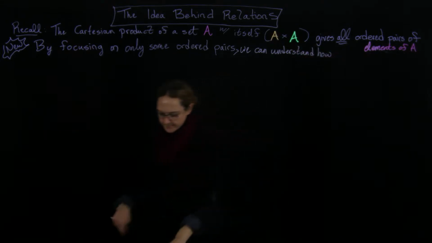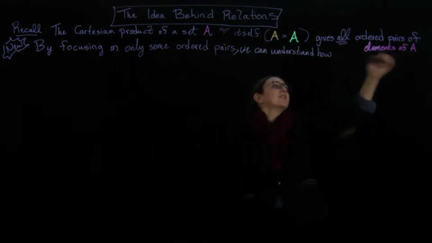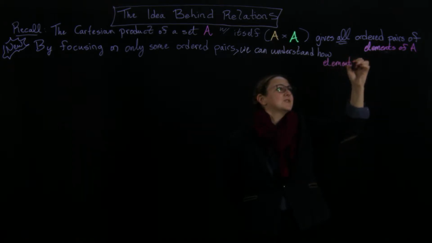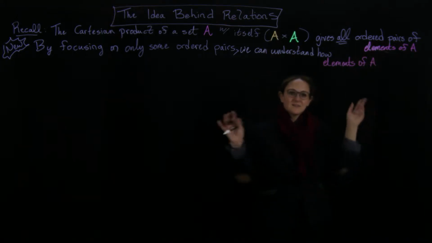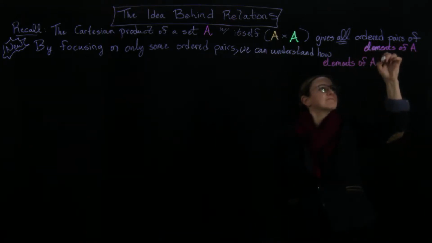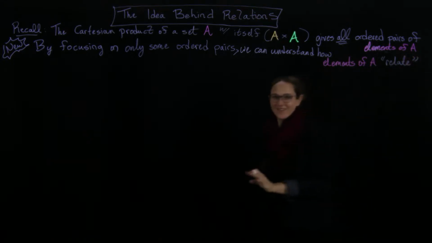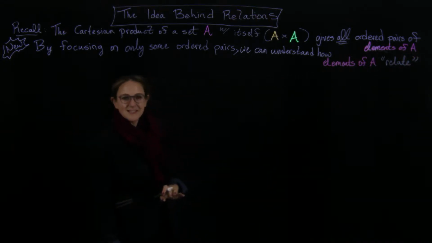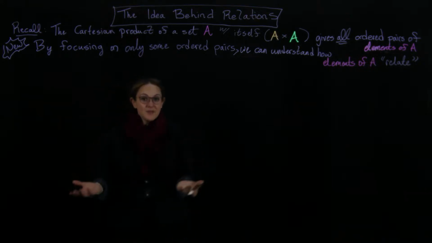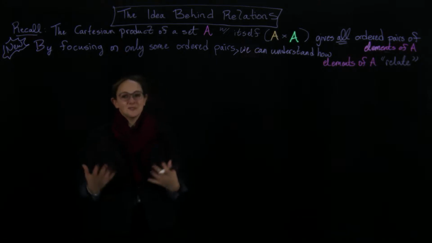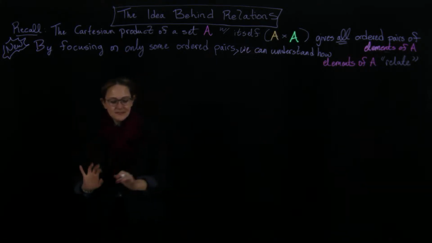I know it's the same thing as I wrote right there, but I'm going to put it like this so that it doesn't get too smushed together. So elements of A relate. As I said, we're going to focus on only some of the pairs. Only some pairs are going to be included, but they are going to be pairs, and the order is going to matter. So let's look at an example.